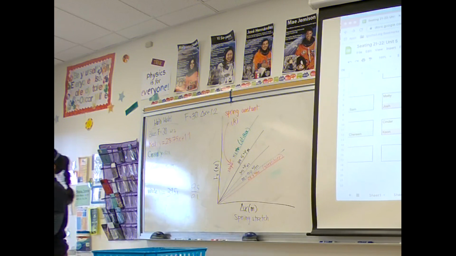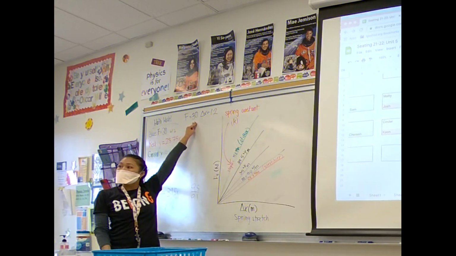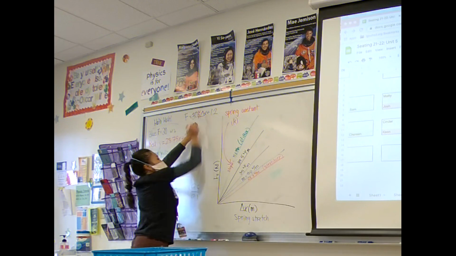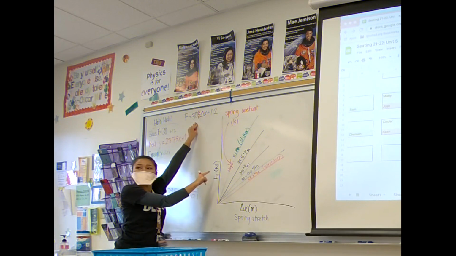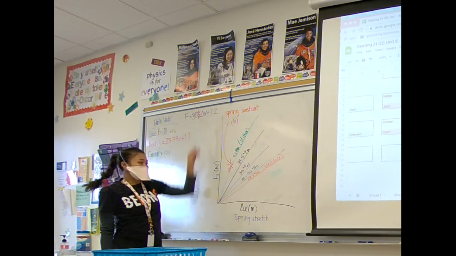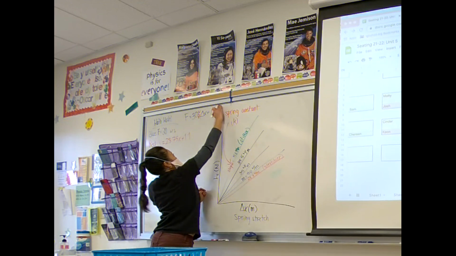The only problem is we also have to include units. So what unit would my slope give me? Newtons over... Newtons per meter. Because it is a rise of force and a run of distance. And then my y-intercept, the y is a force, so that has to be in newtons.